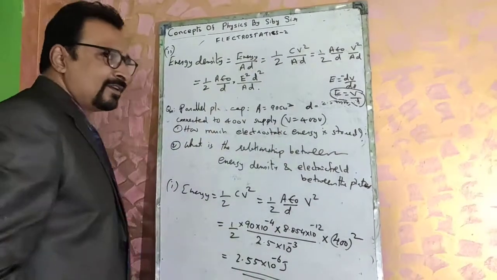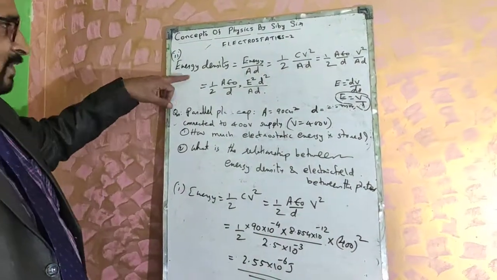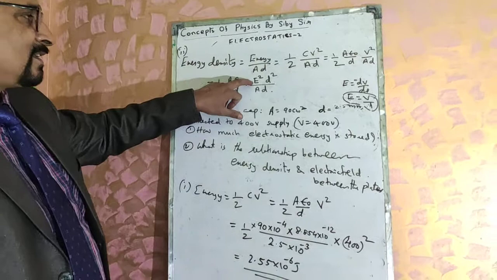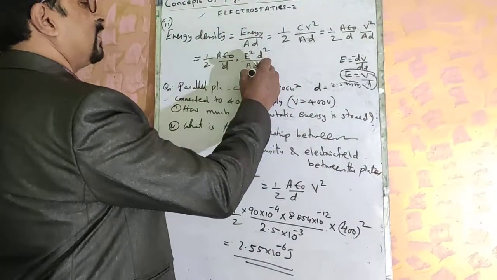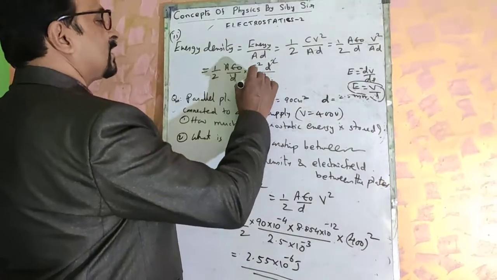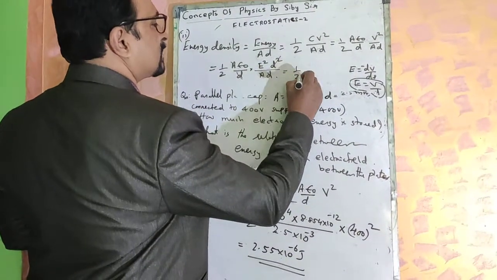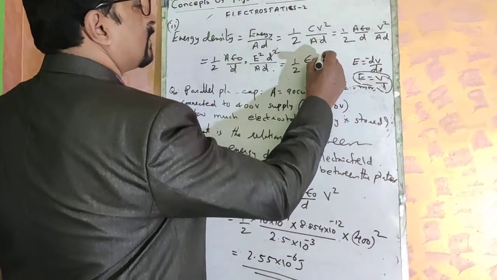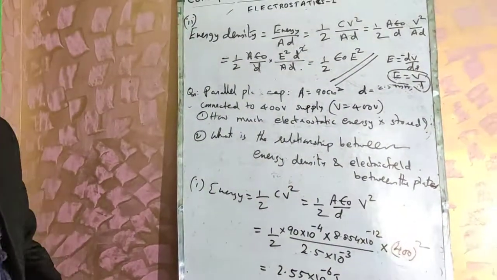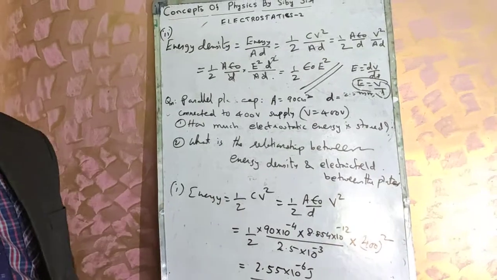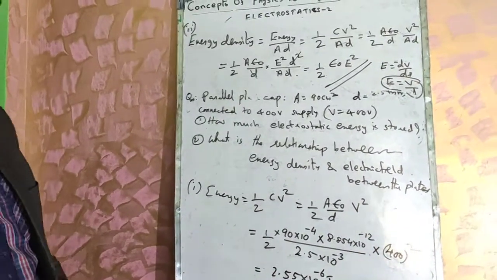Is it over? So what is the question? What is the relation between energy density and electric field? So now very clearly you can see D square cancels, area cancels. So your formula is half epsilon naught electric field square, and this is called the energy density of a charged capacitor.